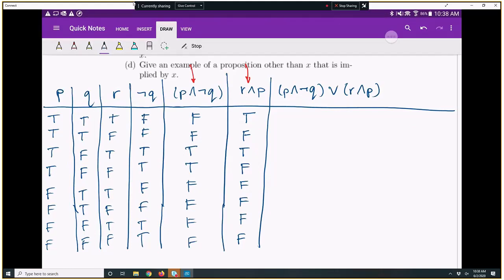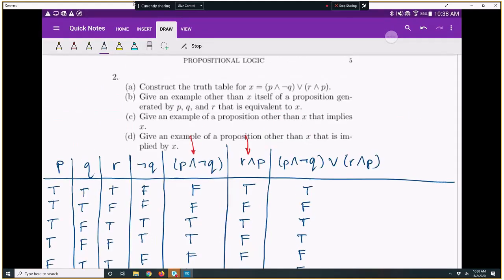So false and true is true. False and false is false. True and true is true. True and false is true. False and false, false. False and false, false. False and false, false. False and false is false. So I have true, false, true, true, false, false, false, false.